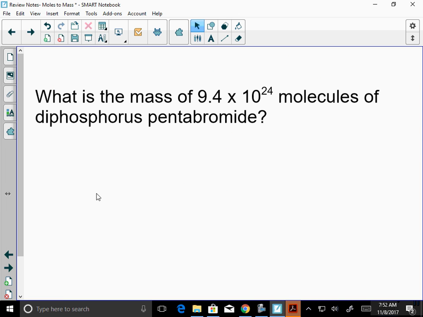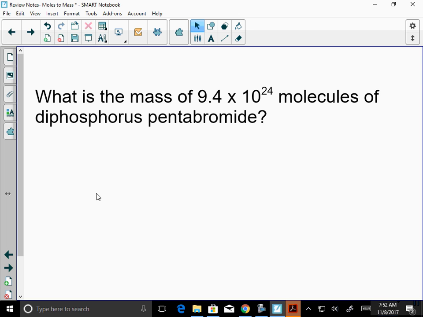Now we're getting a little bit more challenging here, folks, because I don't have mass or I don't have moles. Okay? Go ahead and write down this problem.